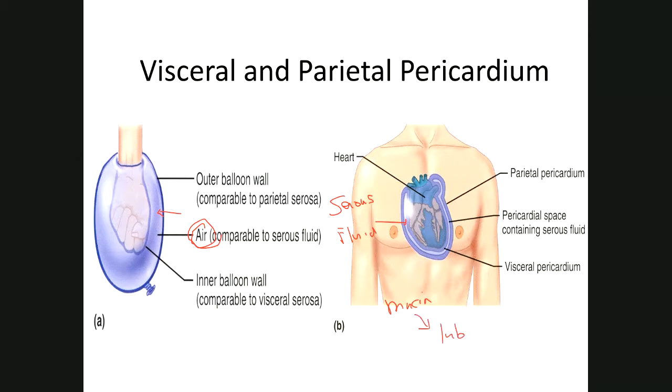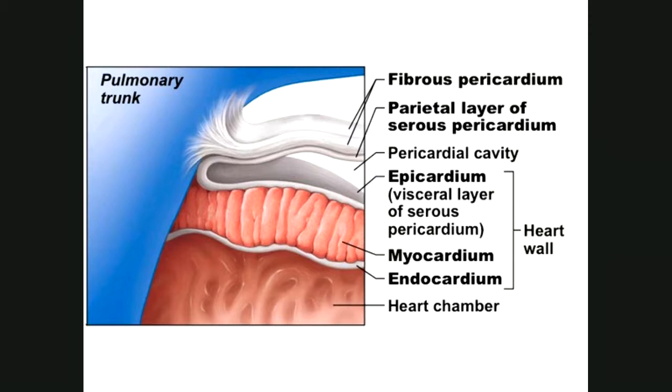So it acts like a lubricant because these two layers constantly are moving up and down as the heart fills up and empties out. So they slide past each other, and that layer of lubricant helps to reduce friction. So if we look at this one, here is where that space is, and that's where we're going to have this serous fluid.